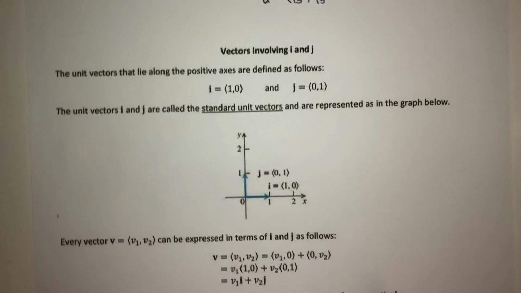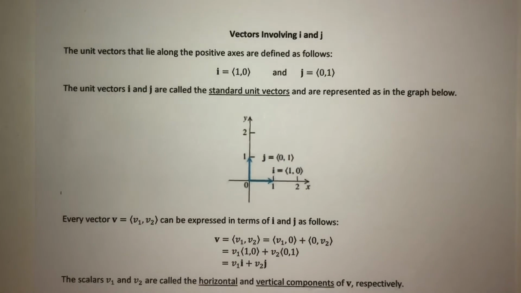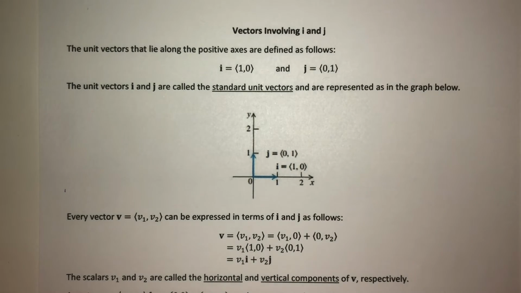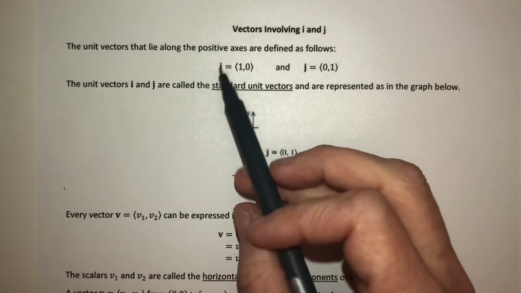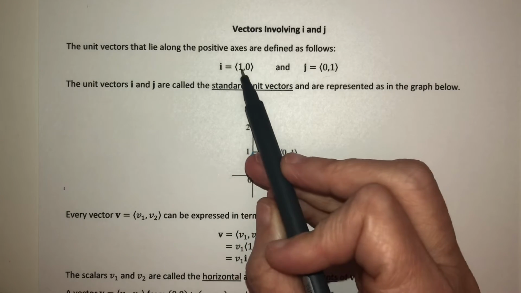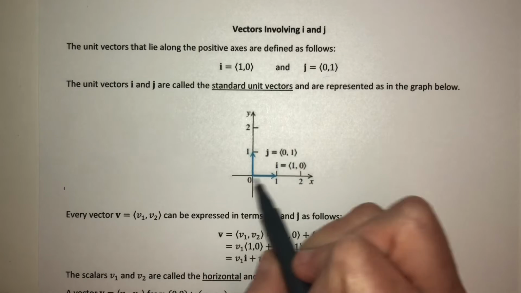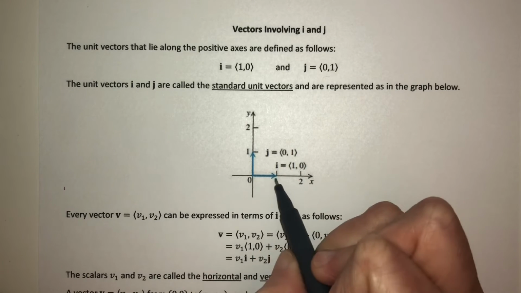Okay, so now we have some special names for unit vectors, some particular unit vectors, I should say. The unit vectors that lie along the positive axes on the coordinate system are defined as follows. The vector i is 1, 0. i is along the x-axis, and it is 1 unit long.